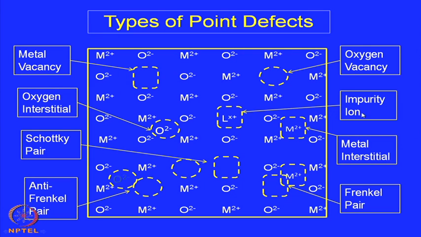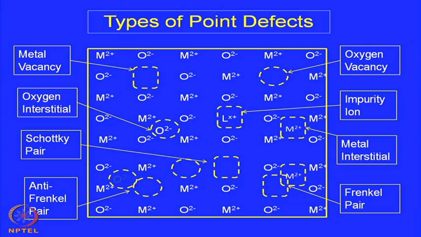We can have an impurity ion. Some very minute quantity of impurity may be added, either intentionally added or accidentally there. Of course, the impurity can go both into the interstitial site as well as the substitutional site, because we know about solid solutions, where both substitutional and interstitial solid solutions are possible.